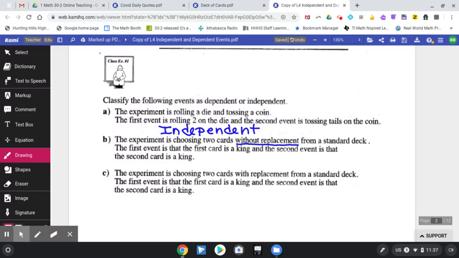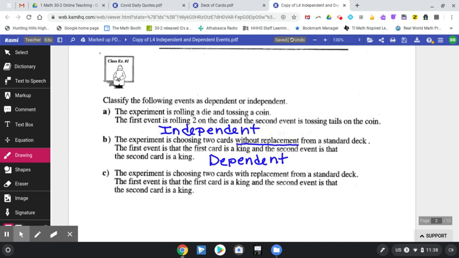So because they pulled the first card and they kept it, that changes the probability on the second card because we no longer have a full deck. And with that one card missing, it's going to change our numbers when we set up our fractions. So this is dependent, because one card was drawn and not returned, it affects the second draw. The second draw depends on the first draw.